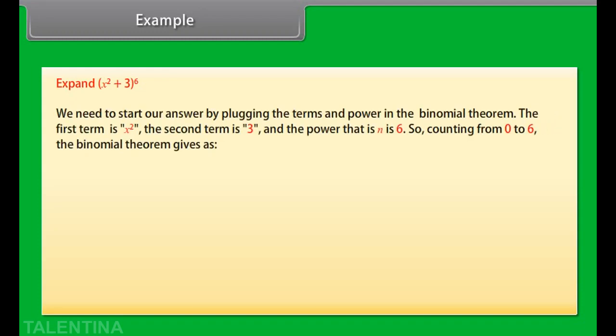Example: expand x square plus 3 raised to power 6. We need to start our answer by plugging the terms and power in the binomial theorem. The first term is x square, the second term is 3, and the power, that is n, is 6.